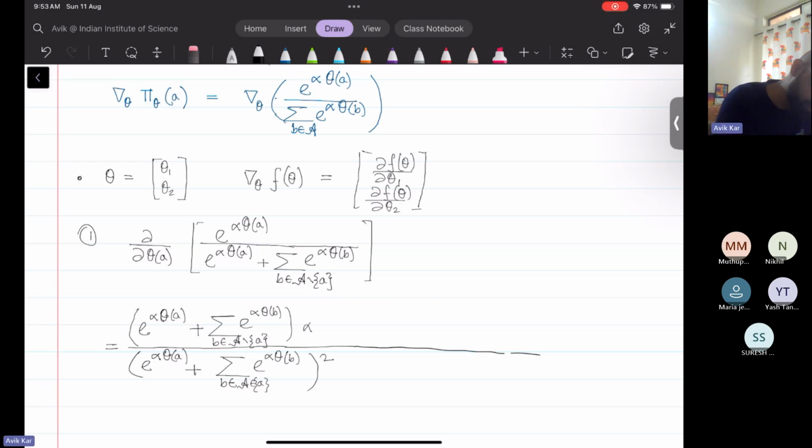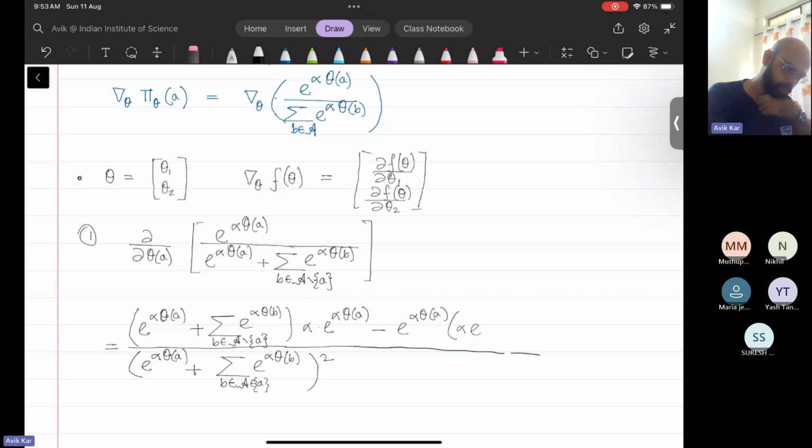Then alpha comes out, times e raised to alpha theta a, minus e raised to alpha theta a times the same thing. Sorry, alpha will come out again.